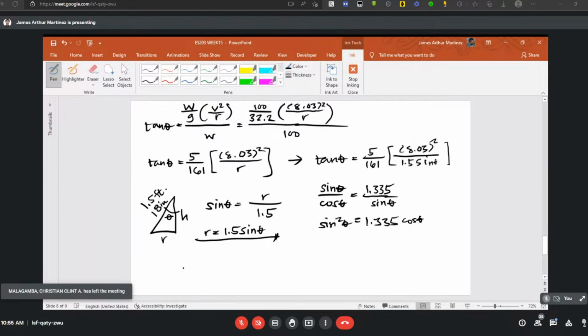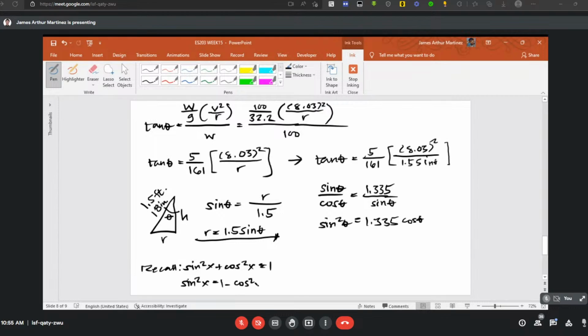But recall from trigonometry again, one of the trigonometric identities, what we call the Pythagorean identity, is sine squared x plus cosine squared x is equal to 1. We have this identity from trigonometry. So if we express sine squared x in terms of cosine, we will have sine squared x is equal to 1 minus cosine squared x.